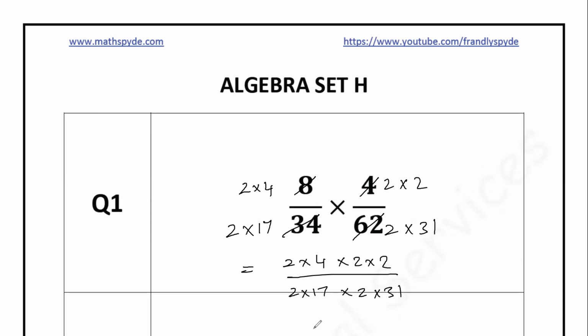That's how we write it down, and then we just simply cancel out whatever we can cancel. So we have 2 and 2 goes, this 2 goes with this 2, yeah. So that is 4 and 2, 8, and then 17 and 31, 31 and 17. So 17 ones are 17, 17 threes are 51, yeah, 51 and 1 is 52, so it's 527.